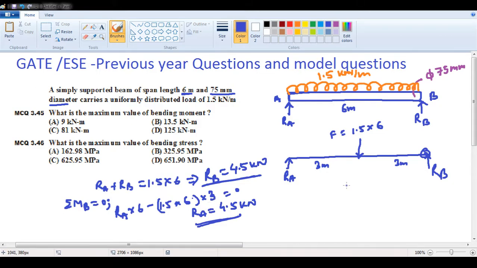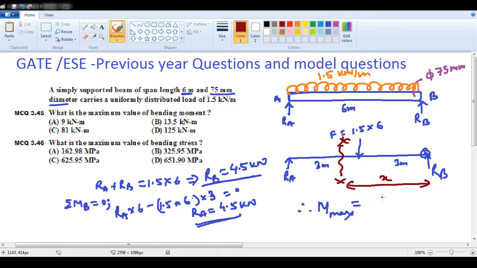So therefore, the maximum bending moment will be what? Say the maximum bending moment is over here at this point, at a distance x.